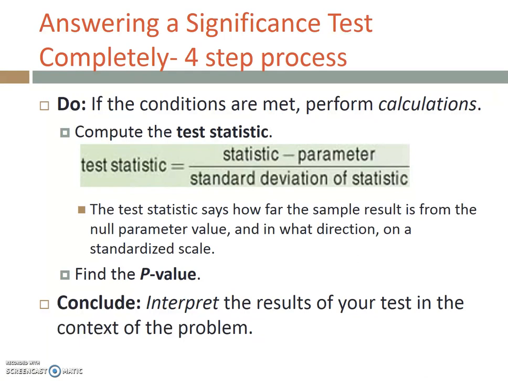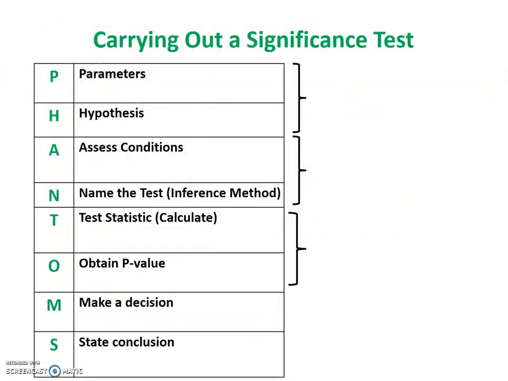Now, in a previous chapter, we used the acronym PANIC to help us remember what to do in this four-step process. This chapter, we're going to be using the acronym PHANTOMS, P-H-A-N-T-O-M-S. The first part is parameters and hypothesis. This is happening in the state section of the four-step process. Say what your parameter is, say what your hypotheses are, as well as your significance level, your alpha.